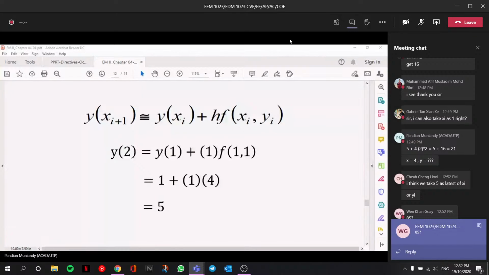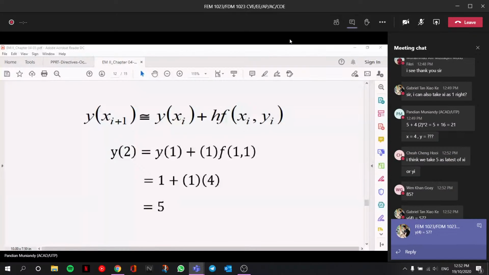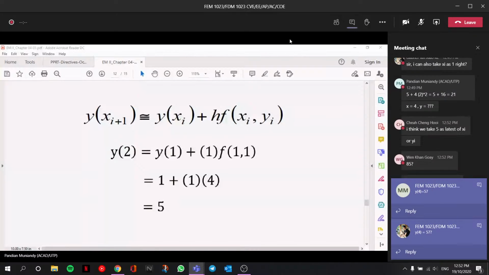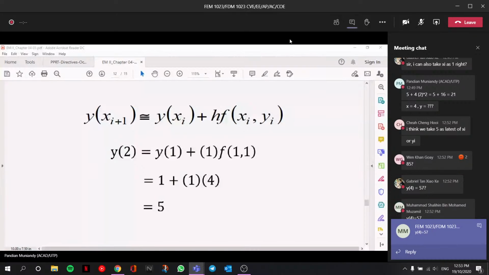So 21 plus h, 1, f. x3, x3, 21. When x3, your y is 21. When x is 2, your y is 5. When your x is 1, your y is 1.